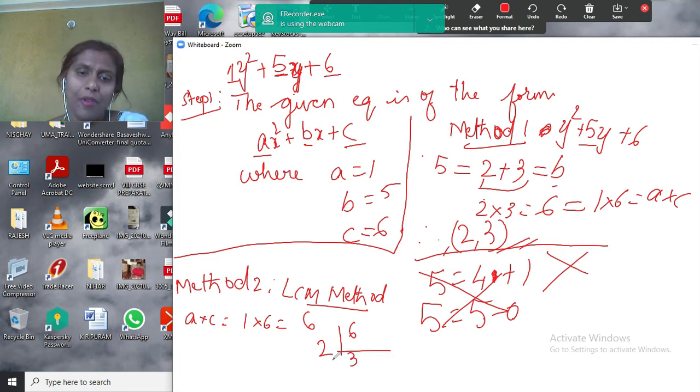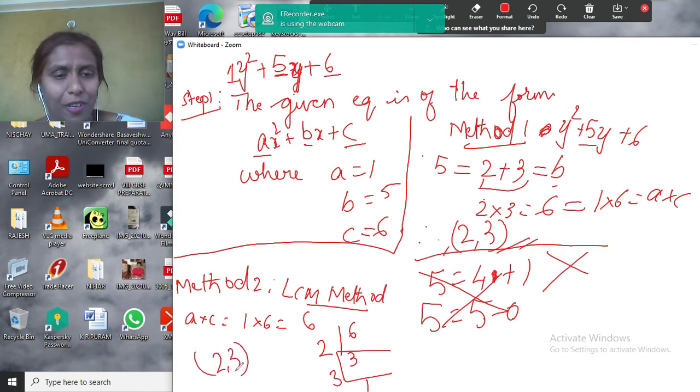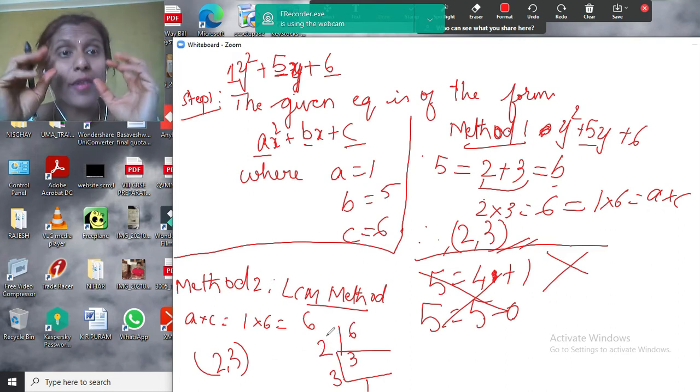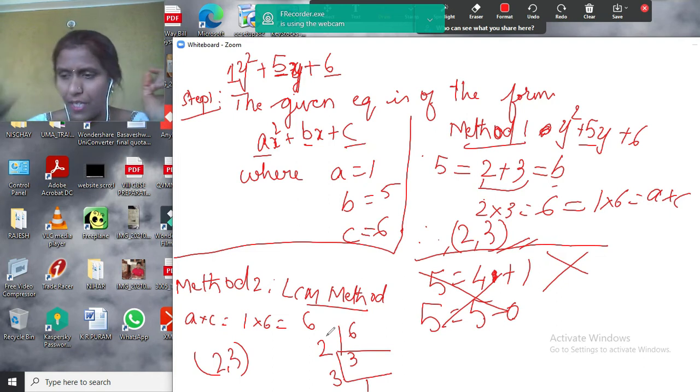Now you can see 2 plus 3 is 5 and 2 into 3 is 6. So you got your pair. You don't need to work out 1, since 1 into anything is always the same, so you can leave it. So 2 comma 3 is a pair. That's it. Here we're just working with the pairs. Now, let me take you through another example.